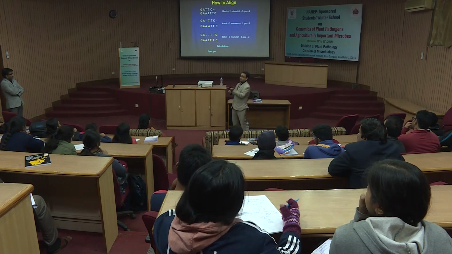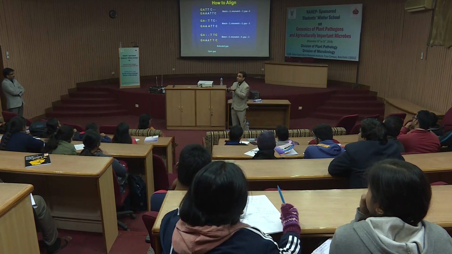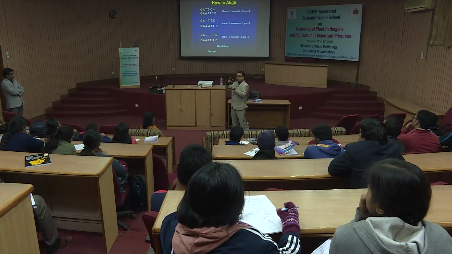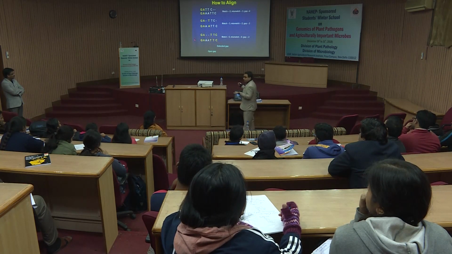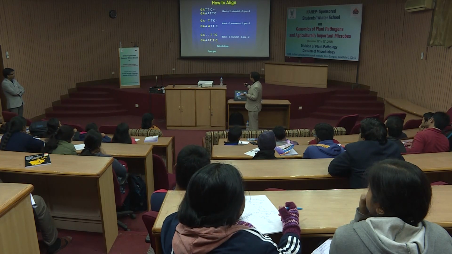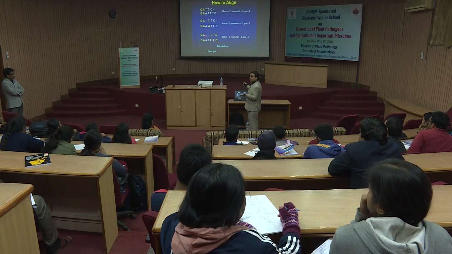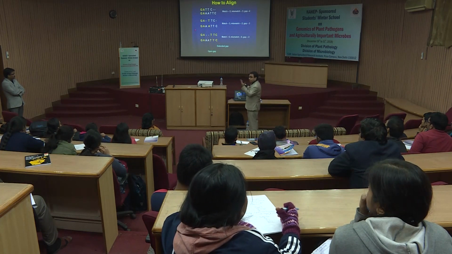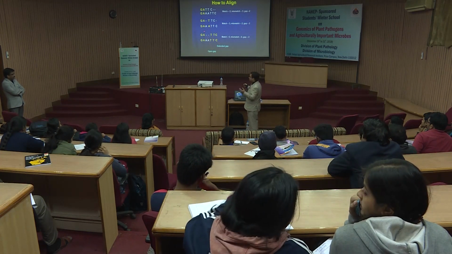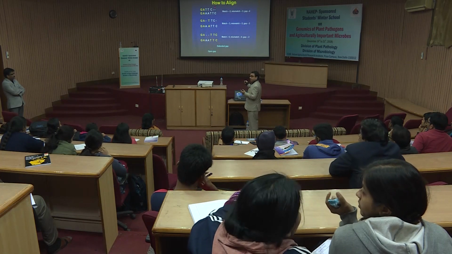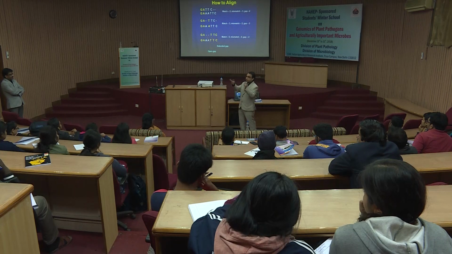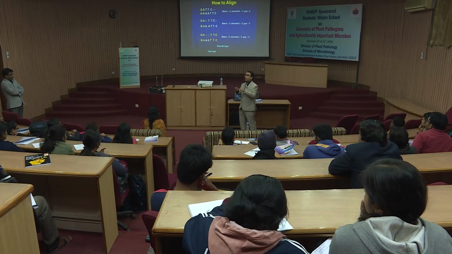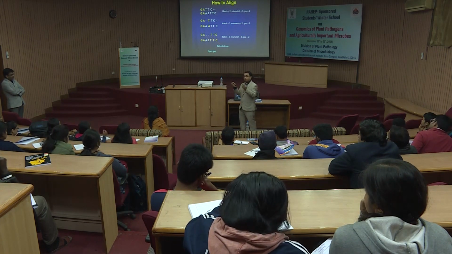Ultimately when the sequence comes, it is a continuous sequence, but during the process of evolution that 2 nucleotide deletion may have taken place from here also. So, if the 2 nucleotides are deleted from here, only then do they match properly. That means it may be possible that during the process of evolution the gaps were created in this region, not at the end, because when you read the sequence it is continuous, but where those gaps were actually created during evolution, we also do not know.